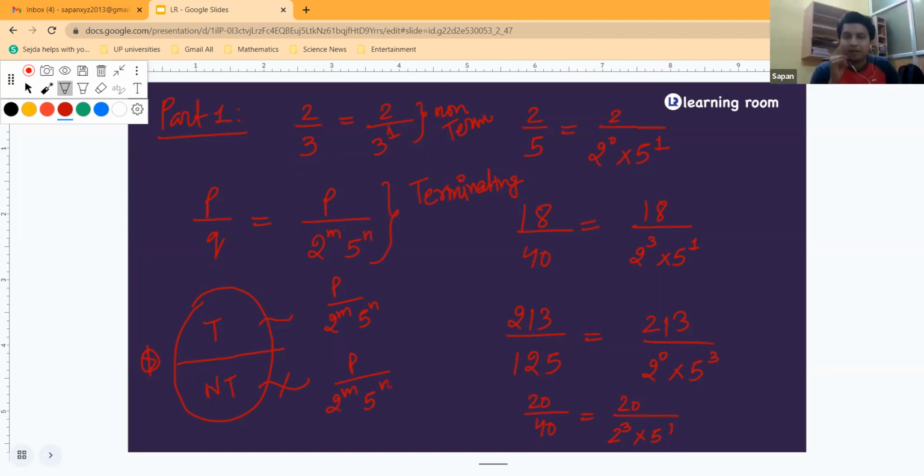Now can any one of you tell why only 2 and 5 are there for it to be a terminating number? That's what I asked you. Why is it only 2 and 5? Do you have any answer? So let's see.